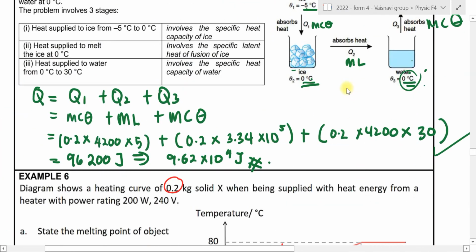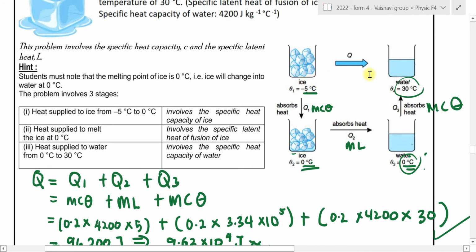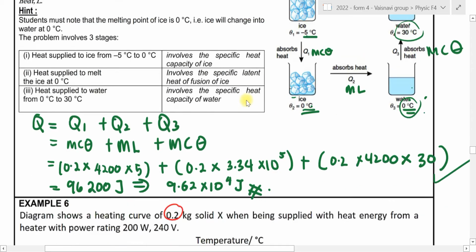You understand this example, then good enough already. Okay, done, sir.